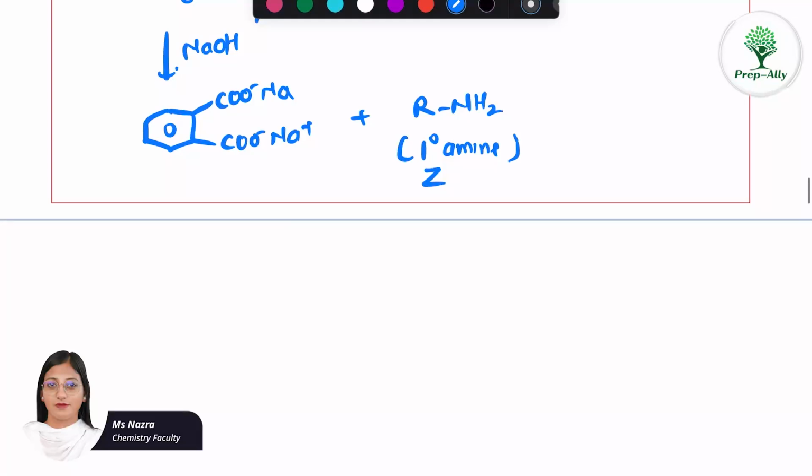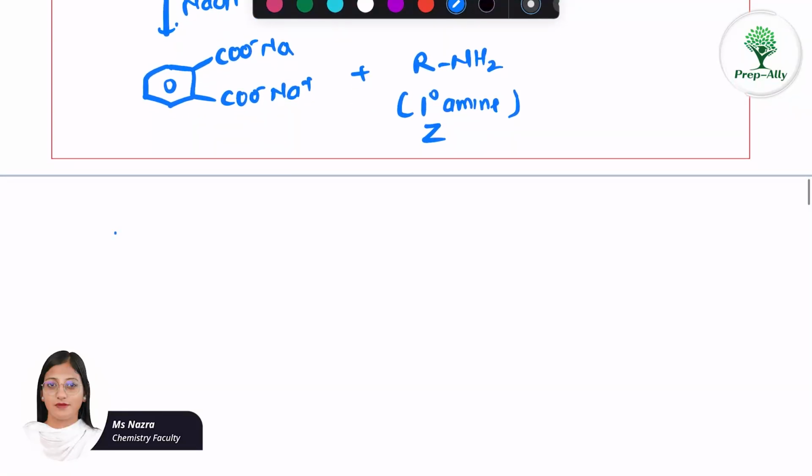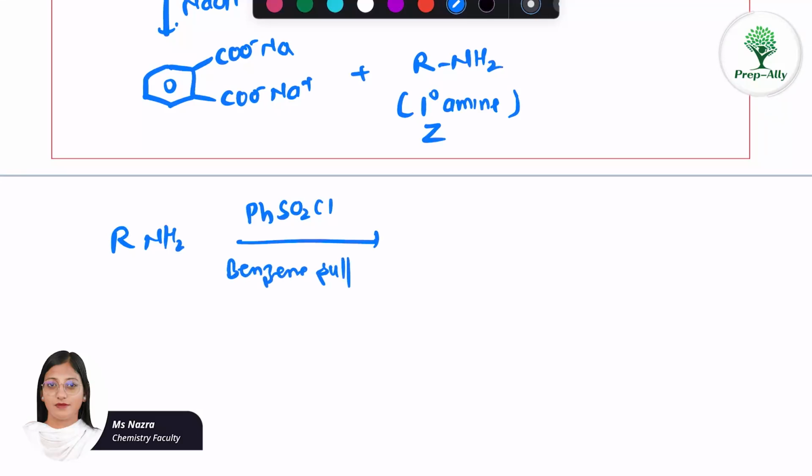We have the Z, RNH2. In this RNH2, we add PhSO2Cl, which is benzene sulfonyl chloride.